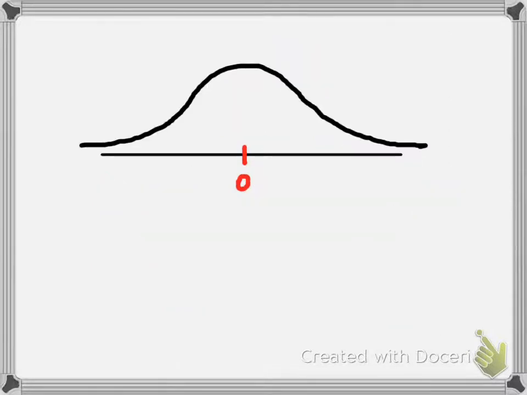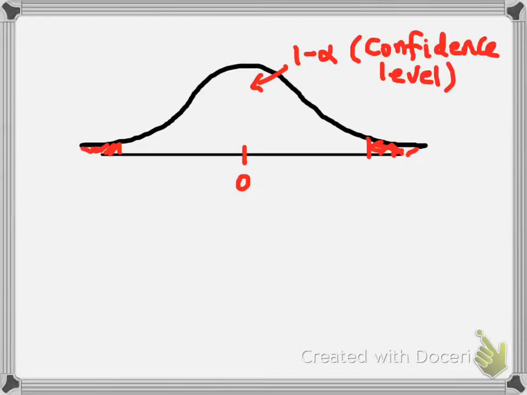So for the z that I talked about just now, we are trying to figure out what that z is. The z has to correspond to the area that is the confidence level that you are talking about. Since the distribution is normal, according to the central limit theorem, your confidence level is the area 1 minus alpha. So 1 minus alpha is the unshaded space in my picture over here.